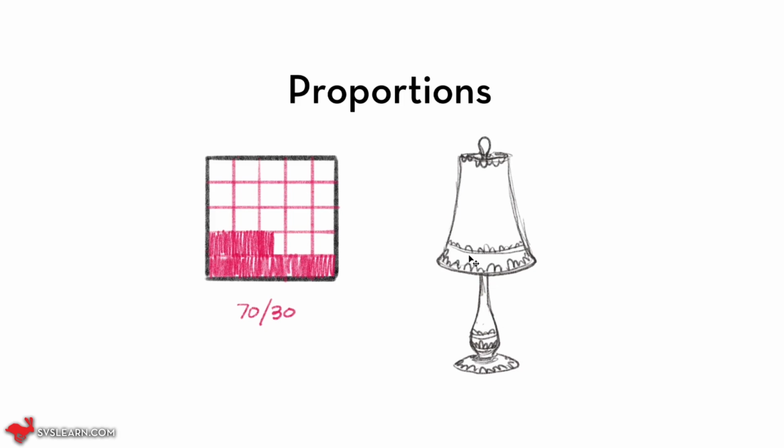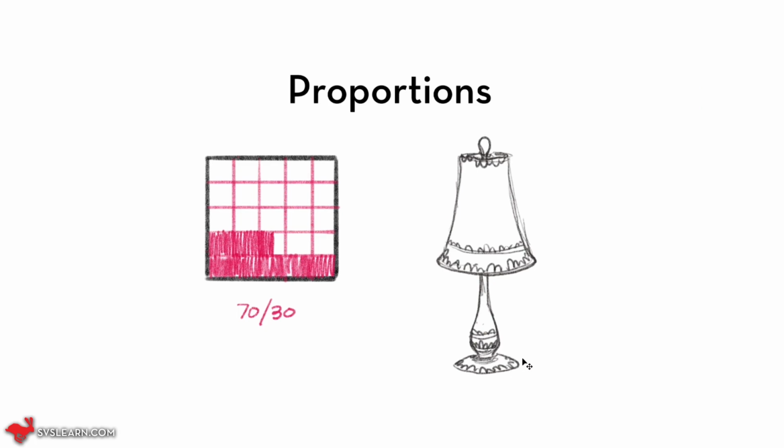But the 70-30 rule is the bulk of this lamp design is 70% this lampshade, and 70% of this lampshade is blank, empty space. 30% of it is these little design elements added to it. And same down here, 70% of this part is blank space, 30% is design decoration on it.